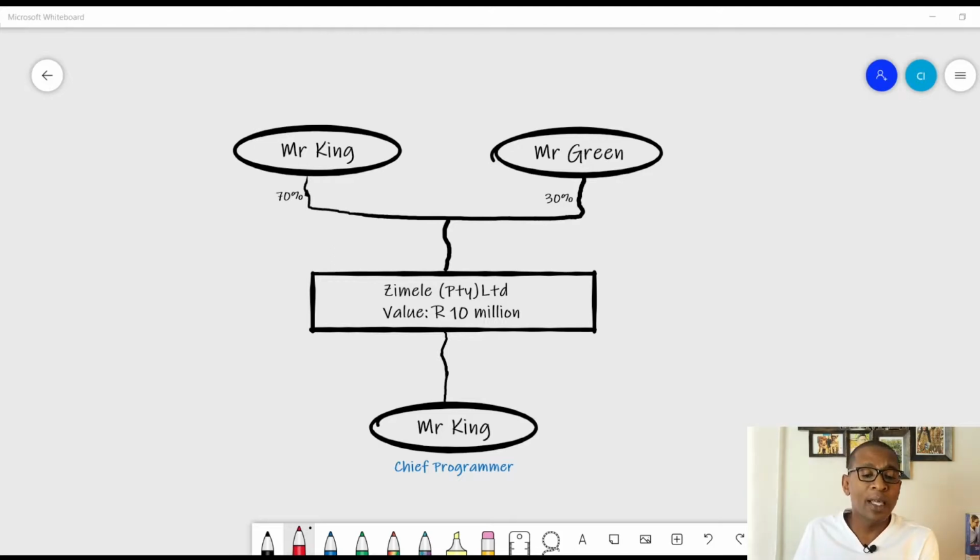Now we assumed that they were in the IT business, and Mr. King is also the chief programmer in the company. The next thing we assumed is that Mr. King passes away, which means he's no longer the shareholder, his estate is going to have to be wound up, and the company is missing a chief programmer as well.